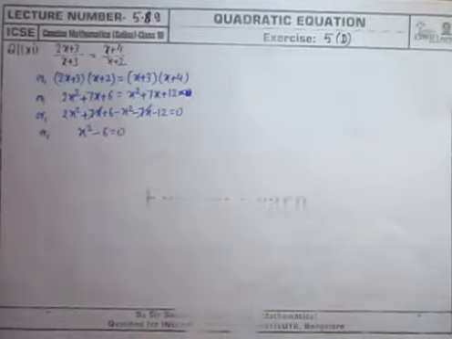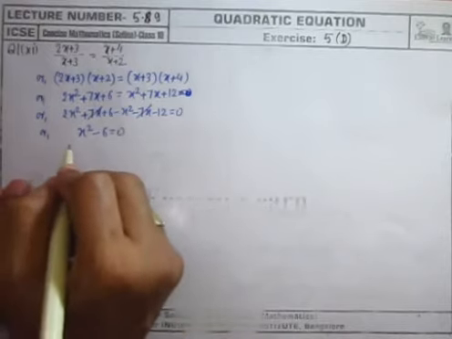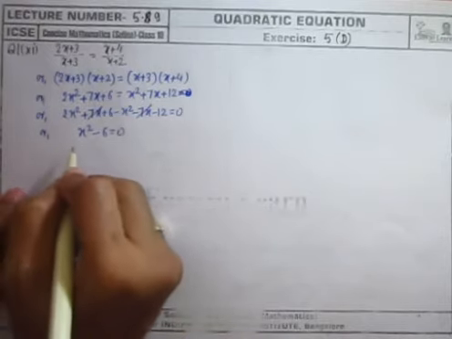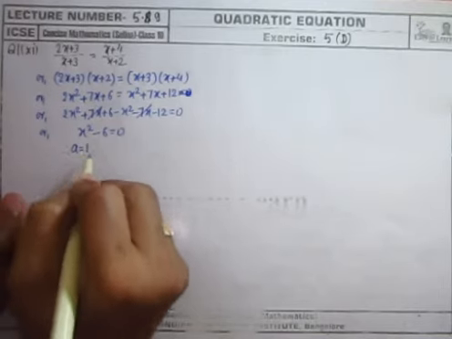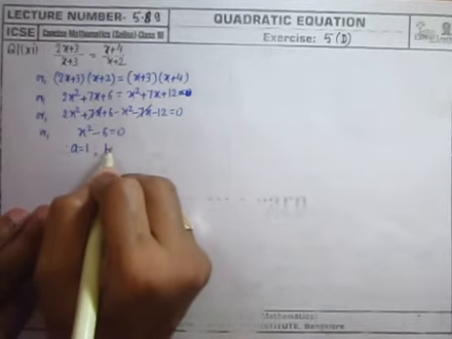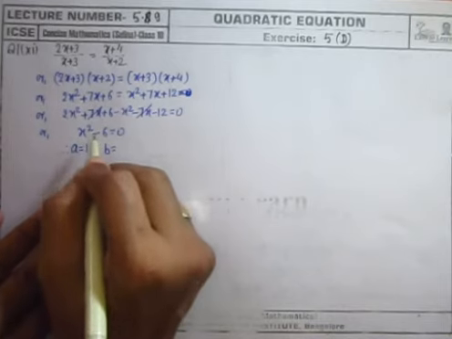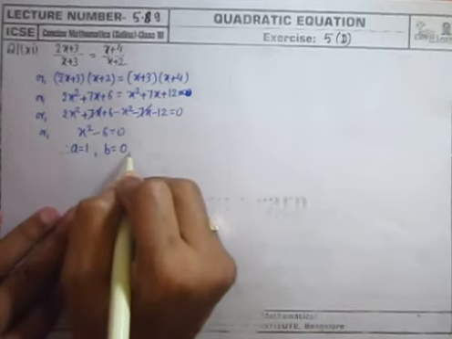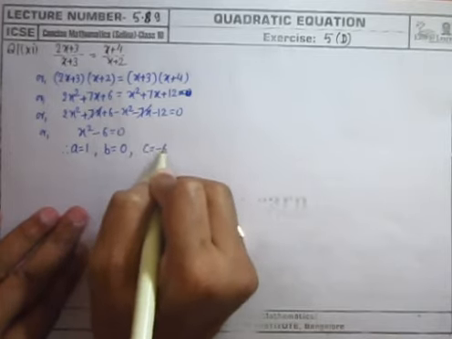Now this equation can be easily solved by the factorization method, but here it is written that we have to solve it using the formula. So here a = 1, the coefficient of x² is called a. b is the coefficient of x, but here there is no term of x, that means the coefficient of x is 0, and c is the constant term, so it is -6.